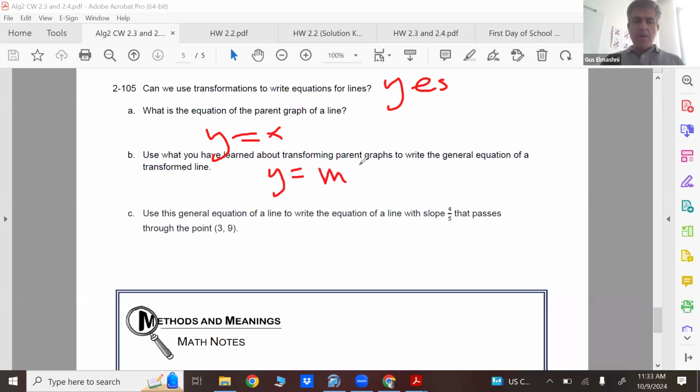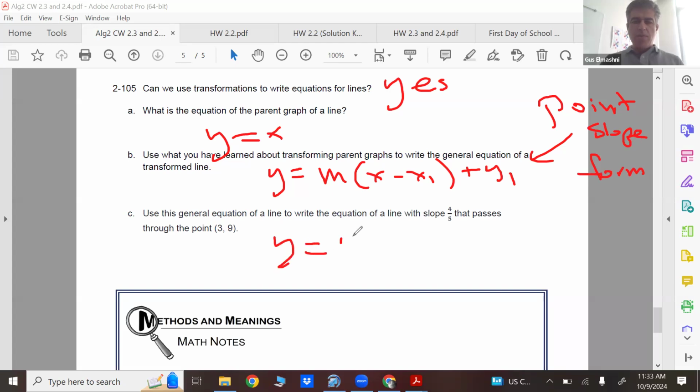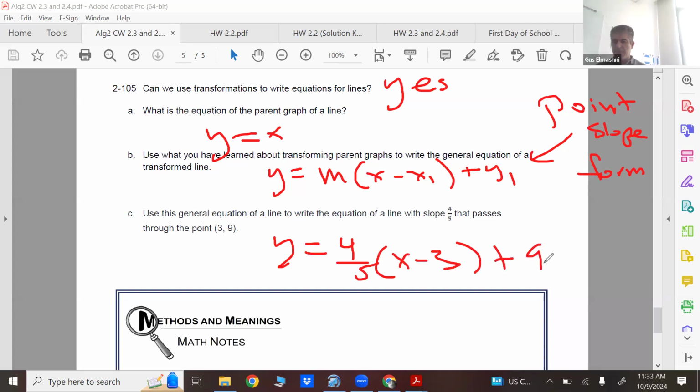You could write it like this if you want, which is really point-slope form. So I could say y equals 4/5 x minus 3, and that will still get you the equation of a line. That's point-slope form, which I know you guys have seen before. It's really a transformation, that's all it is.